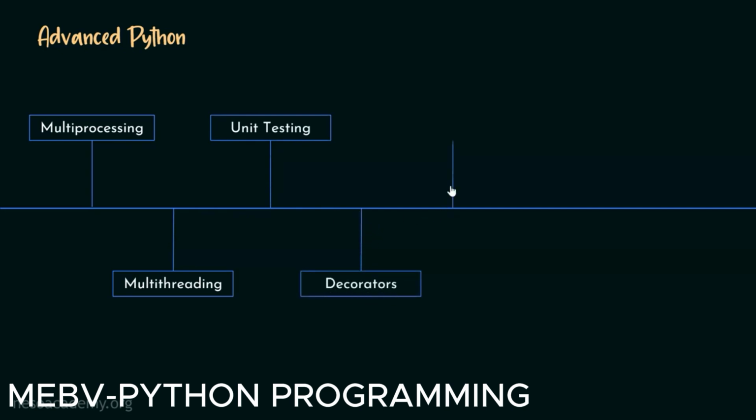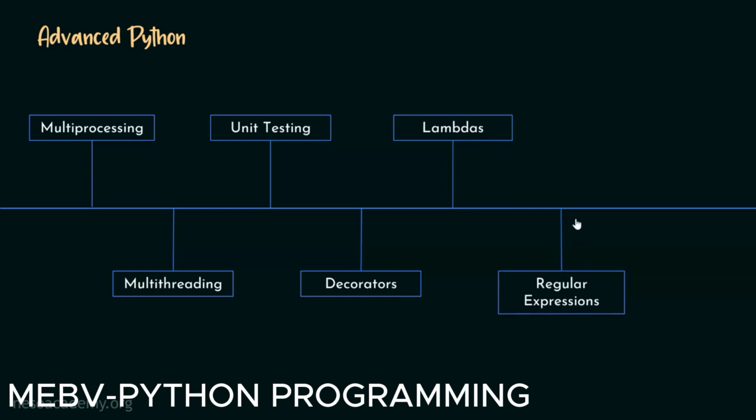The fifth chapter is lambdas. The sixth chapter is regular expressions. And the last chapter, that is the seventh chapter, is context managers. These are all the chapters which we will learn in advanced Python section. So there are total 21 chapters which we will cover in this entire course.